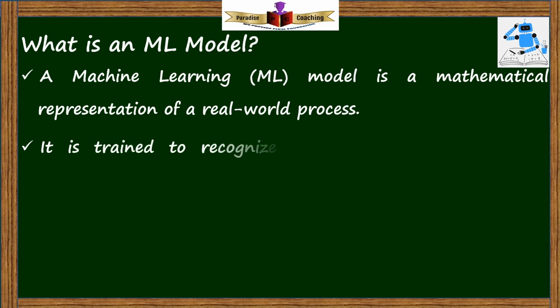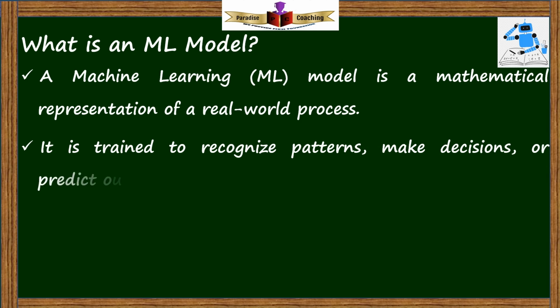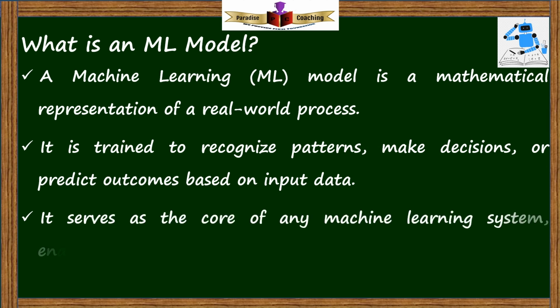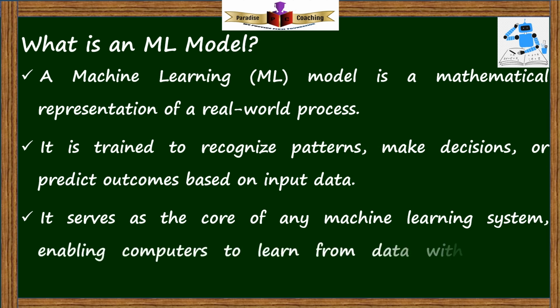It is trained to recognize patterns, make decisions, or predict outcomes based on input data. It serves as the core of any machine learning system, enabling computers to learn from data without being explicitly programmed.